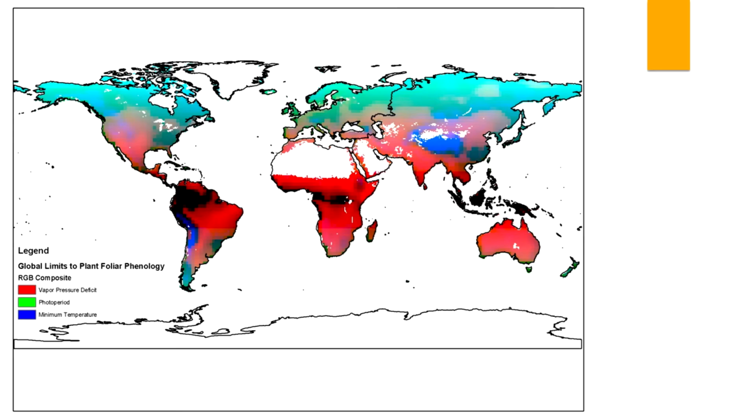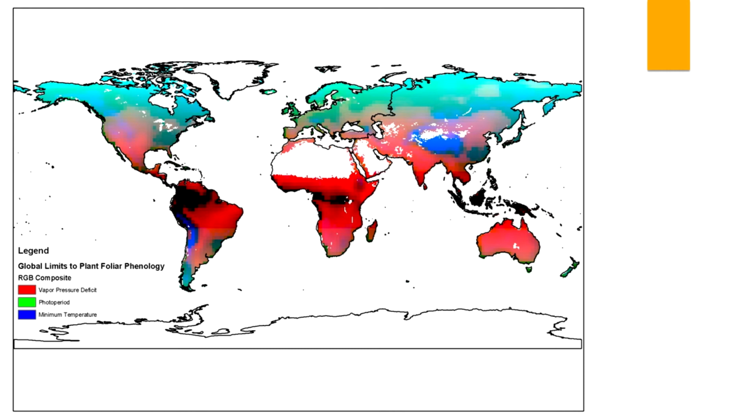One of the things that we get is the ability to map it out across the planet to understand what limits phenology in different places, and we can see that in certain places phenology is heavily influenced by water availability. So these red areas in the Rocky Mountains, you can see these blue areas where they're limited by temperature. In the high latitudes, they're limited by both light and temperature.